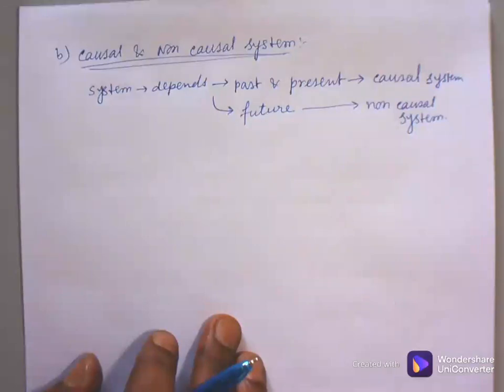If the signal has past, present and future values, it is called a non-causal signal. Whenever we verify whether a system is causal, this is totally different. If the system depends on past and present values, it is called a causal system. If the system depends on the future value, it is called a non-causal system.